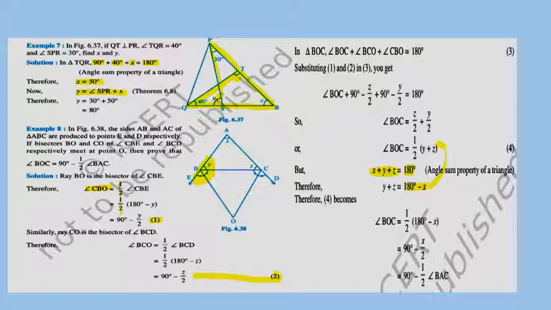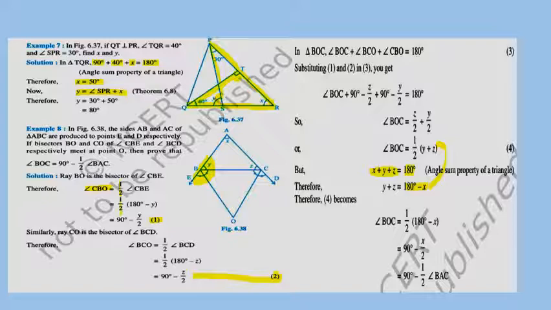In this example, side AB and AC of triangle ABC are produced to point E and D respectively. Now the bisectors BO and CO of angle CBE and angle BCD respectively meet at the point O, and then we have to show the relation between these angles, that is angle BOC equals 90 minus half of angle BAC.